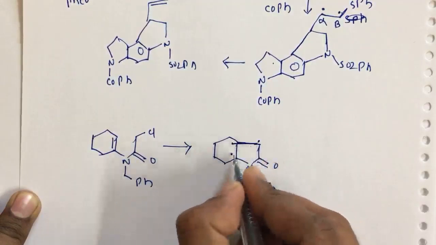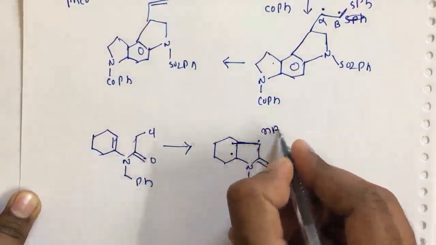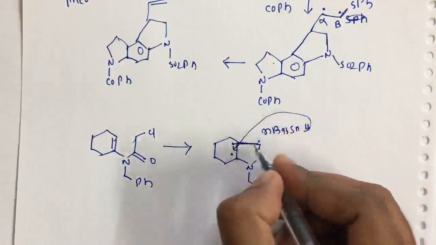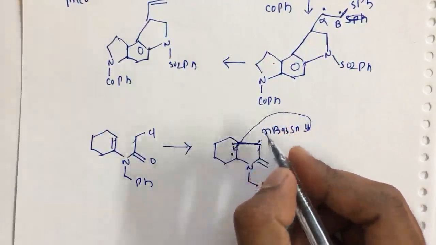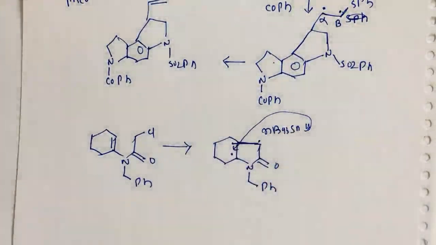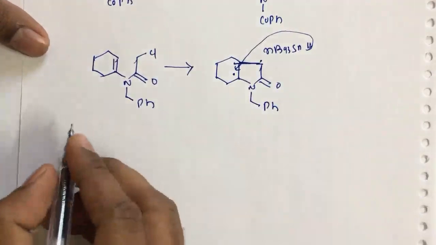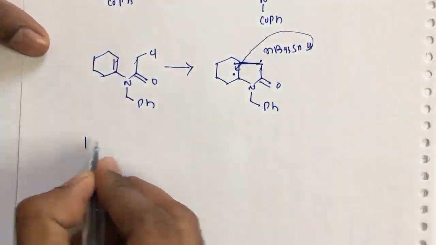These two form a bond, and this will take a hydrogen from n-butyl stannous hydride, so that we will get a hydrocarbon. And one important reaction after this I am going to talk about. There is a chance that you make a mistake here.